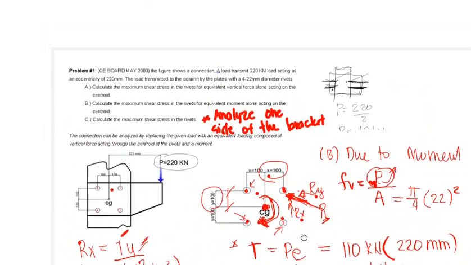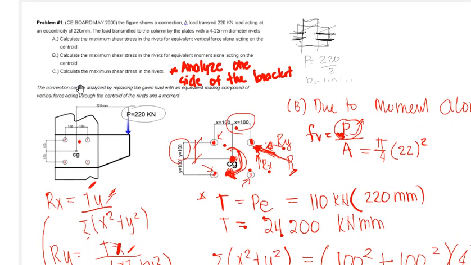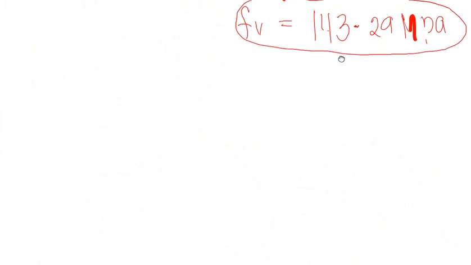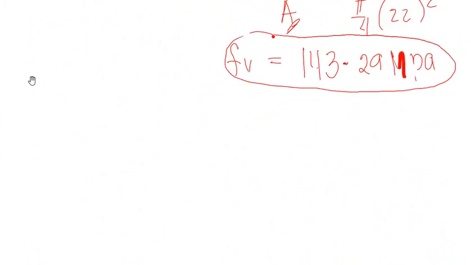So, for letter C, yung letter C naman natin, we have to calculate the maximum shear stress. So, pag sinabing maximum shear stress, magkasama na yung stress due to the moment and due to our direct load. So, for letter C, yung maximum stress, magkasama na yung moment, stress due to moment, and stress due to load.